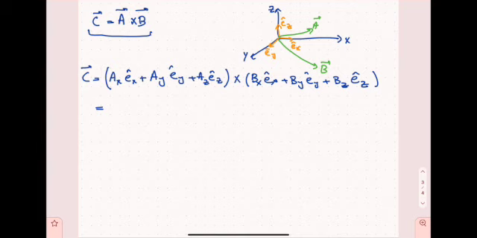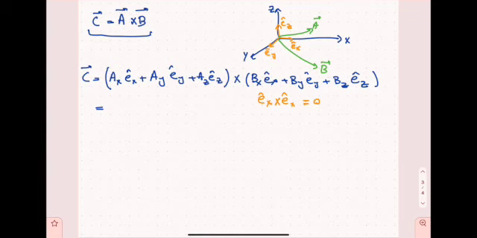So how do we calculate e_x cross e_x? Imagine what would be the cross product of a unity vector e_x with itself. I argue that this is 0, and the reason is that this would be the magnitude of e_x times the sine of the angle between them.